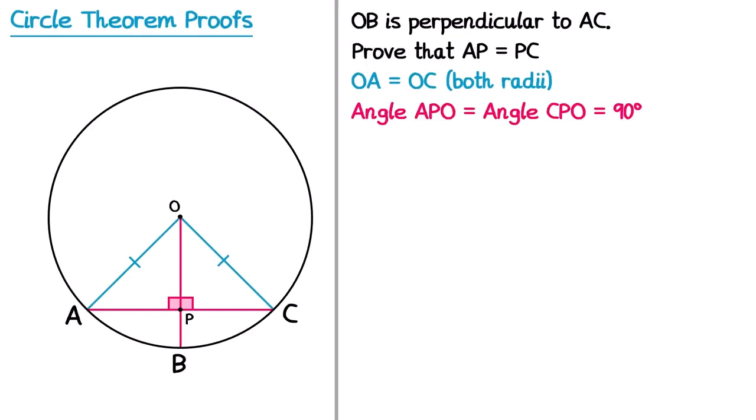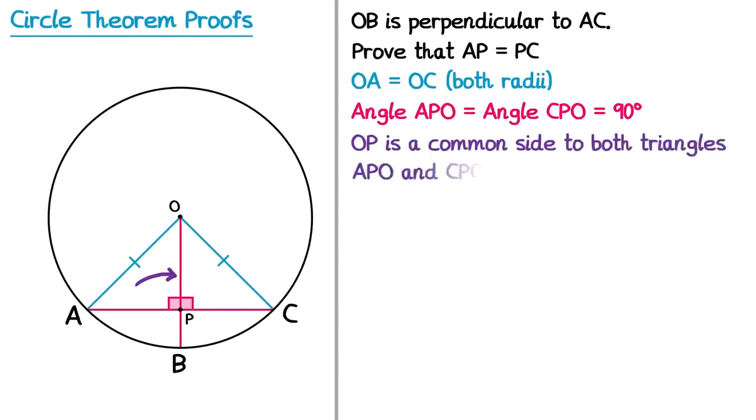Next we're going to observe the fact that this side here OP is common to both of the triangles, APO and CPO. So let's write that down. OP is a common side to both triangles APO and CPO. Now this is enough information to show that these two triangles must be congruent using RHS, which stands for right angle, hypotenuse, and side.